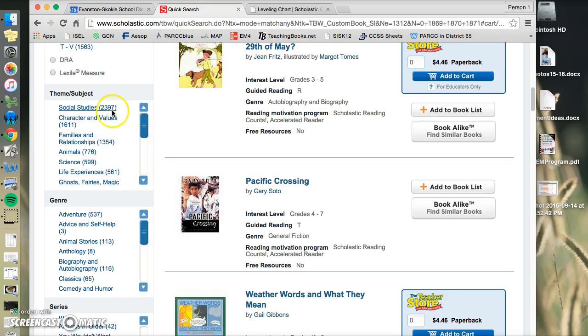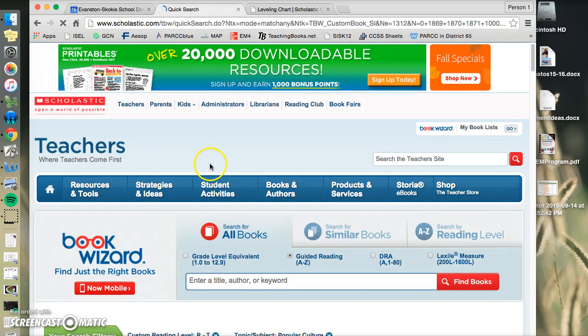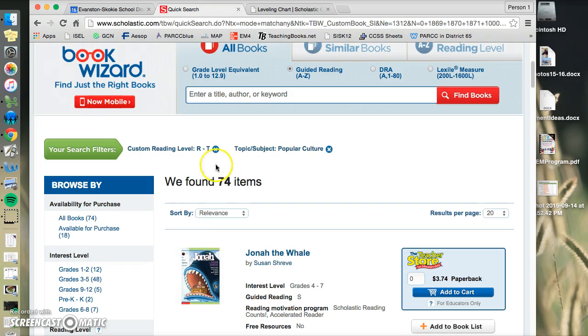The number after here gives the number of titles that are listed under it. So maybe I have a reader who's really into popular culture. Now there are 74 titles. That's still a lot, but it's better than 4,500. So if I click on that, they've now found 74 items between levels R and T in pop culture.